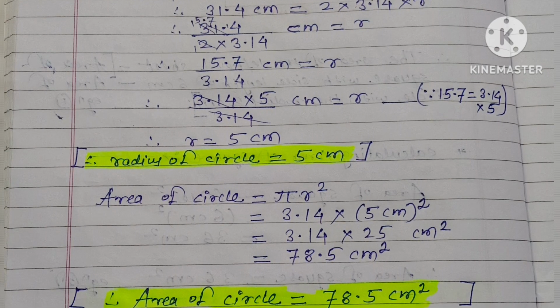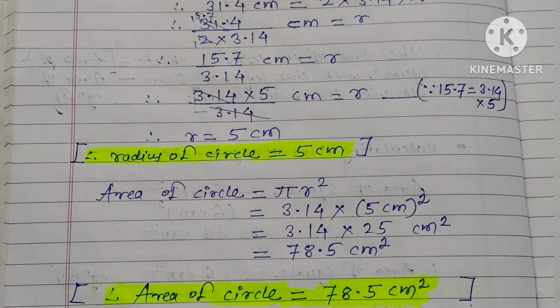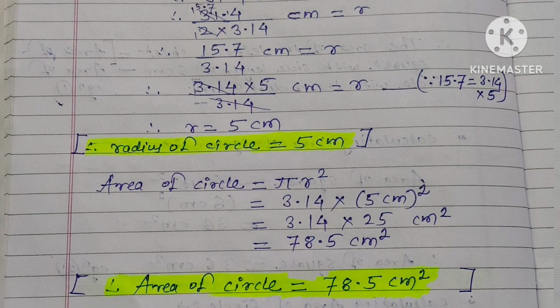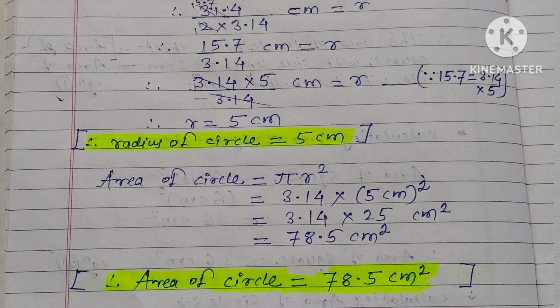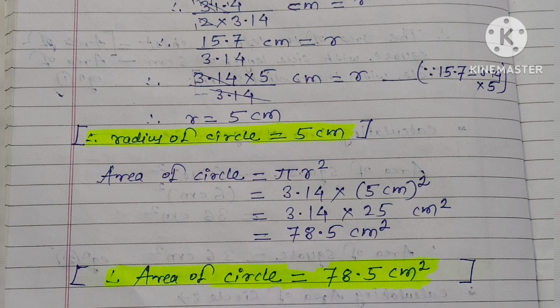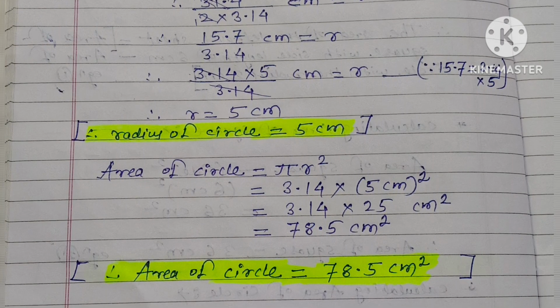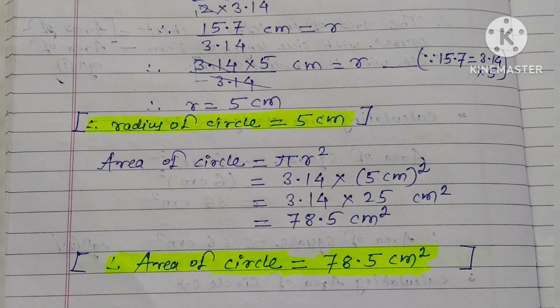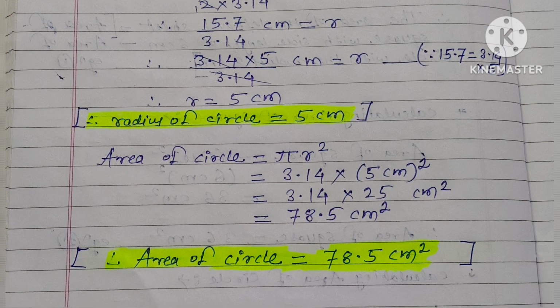With the help of it, we have shifted all the values, and we found the radius of the circle, 5 centimeter. With the help of it, we are going to find the area of the circle, and the formula is pi r square. So substituting the values, pi 3.14 as given in the question, then 5 centimeter radius whole square, so we'll get 78.5 centimeter square as the area of the circle.